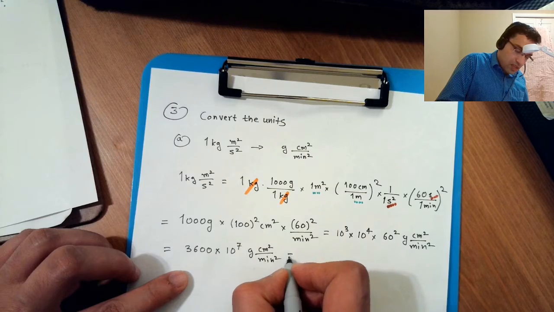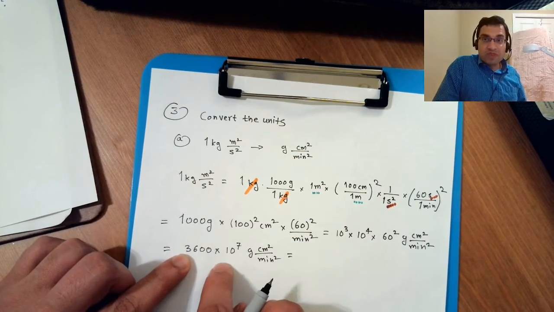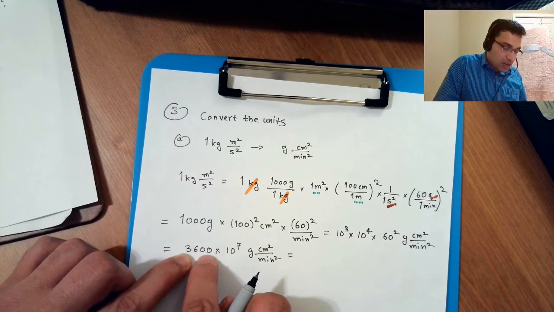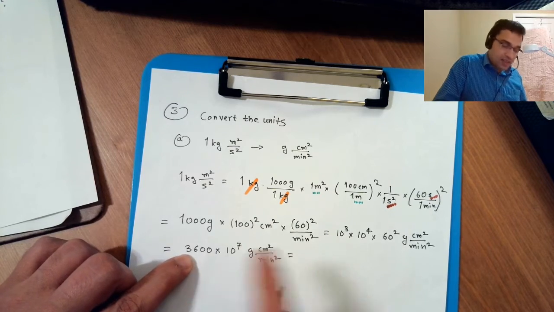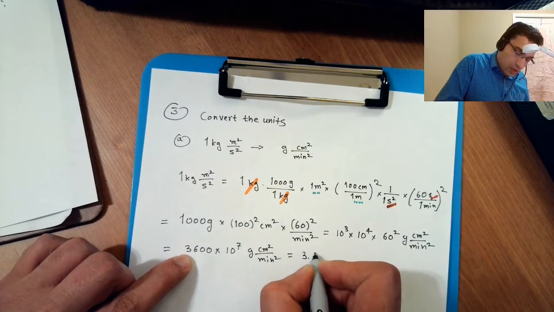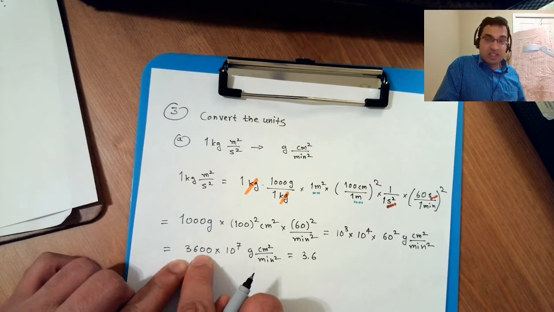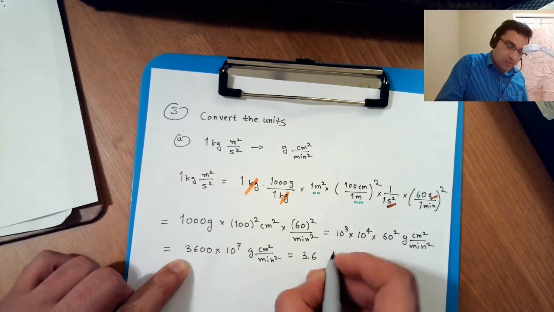That's equal to, let's convert this to scientific format, right? This looks like a really good candidate for scientific format conversion. So instead of 3,600, I'm going to write it as 3.6, and the factor of 1,000, which is 10 to the power 3, I'm going to combine it with this 10 to the power 7.